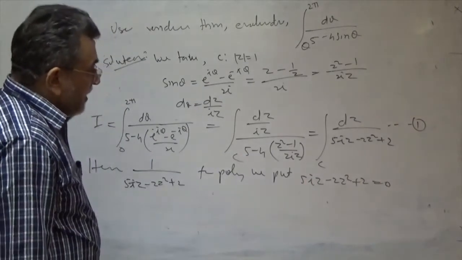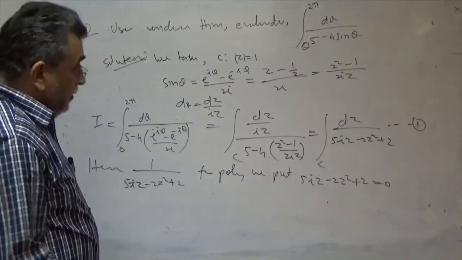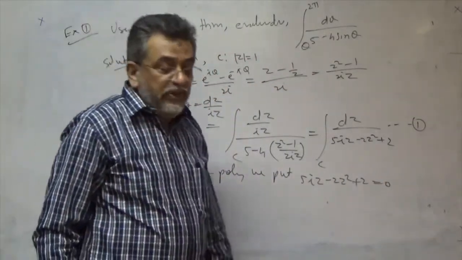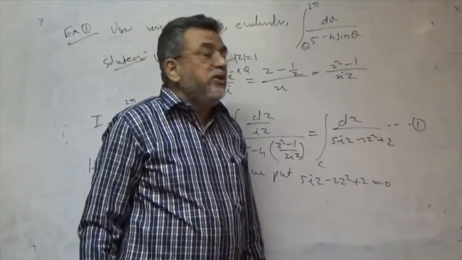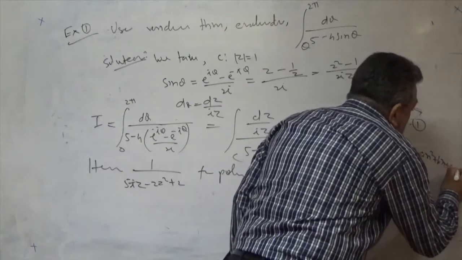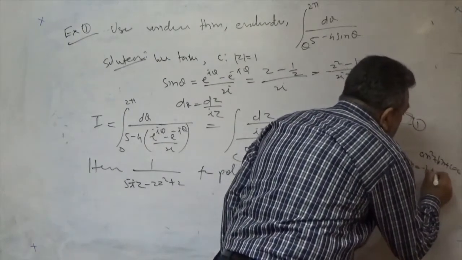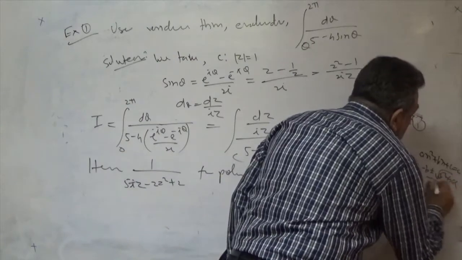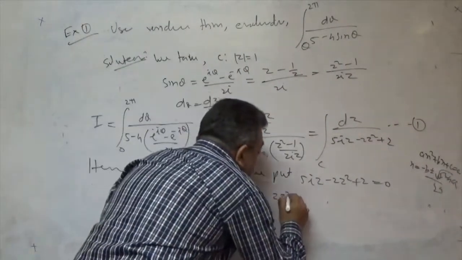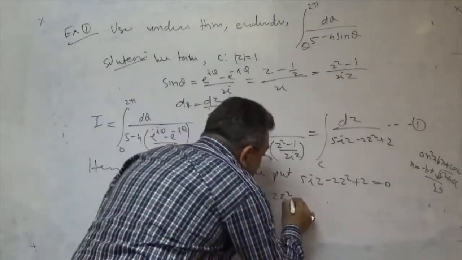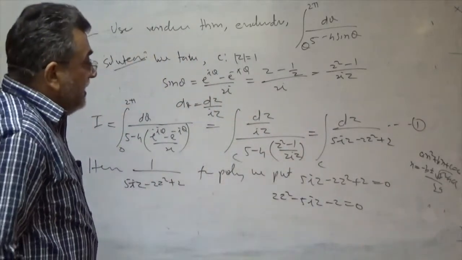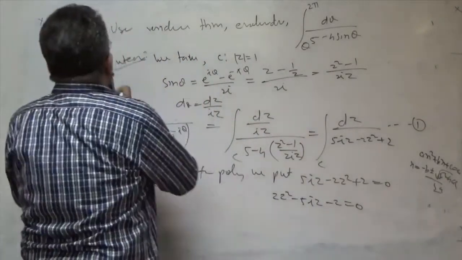First of all, calculate this by the quadratic formula: if the expression is ax² plus bx plus c equal to 0, then x equals minus b plus or minus the square root of b² minus 4ac, upon 2a. By multiplying by minus, this can be written as 2z² minus 5iz minus 2 equal to 0.